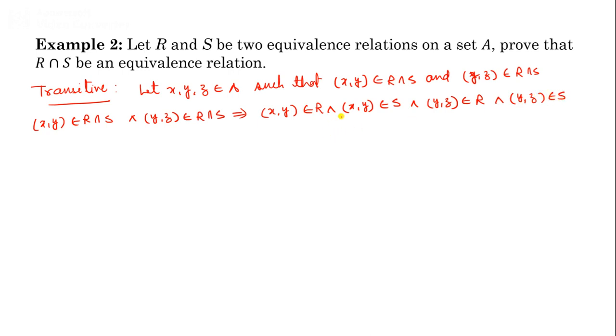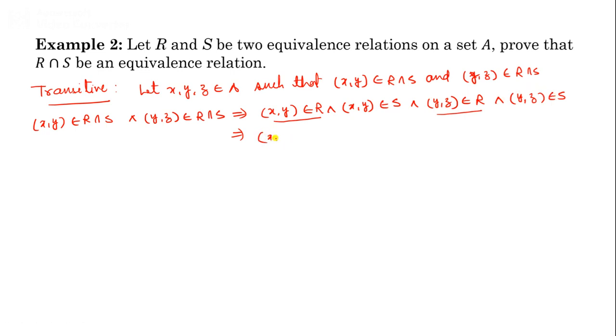Now look at this, all AND operators are there, so we can utilize the associative law. If you utilize the associative law, put together (x, y) belongs to R and (y, z) belongs to R, and similarly (x, y) belongs to S and (y, z) belongs to S together.